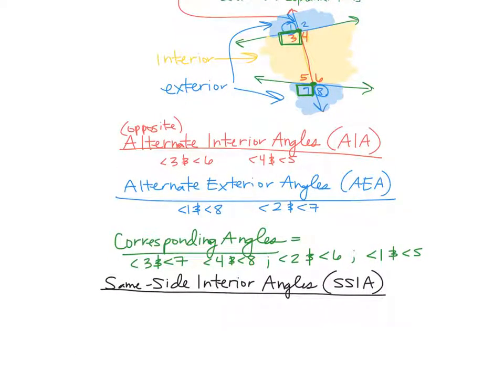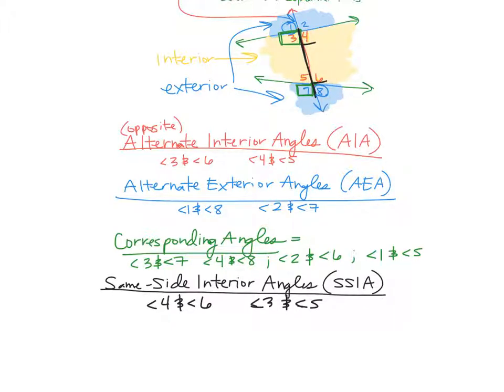Can anyone tell me which angles you think would be same side interior? 4 and 6, right? So you're on the same side of the transversal, right? Here's my transversal. You're on the same side, but inside the two lines. So angle 4 and angle 6, or angle 3 and angle 5.